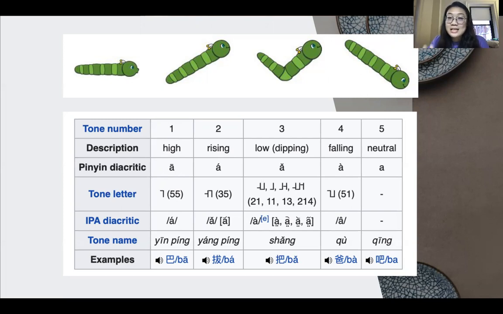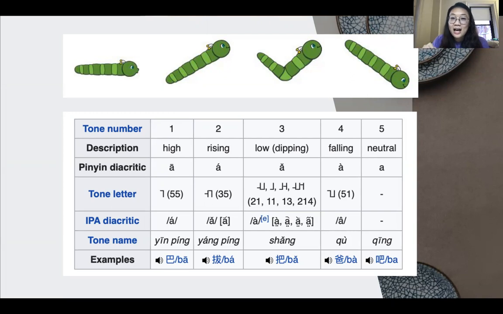And the third tone is a low tone, so it goes like ah. The trick is you need to drop your voice to the lowest point until it breaks, like this, and then bounce back, okay. And the fourth tone is the falling tone. When you say it, you have to go like this.